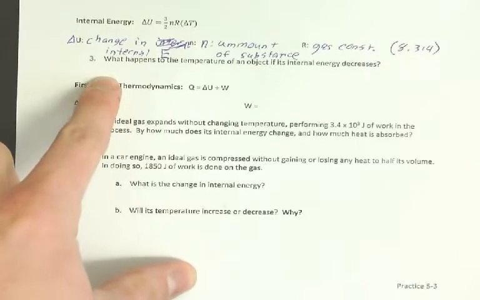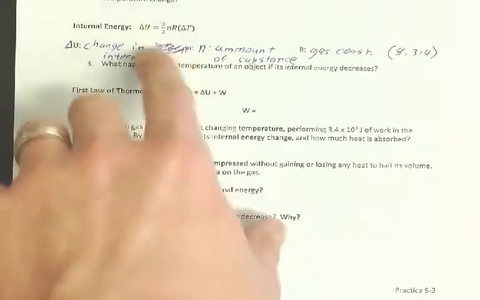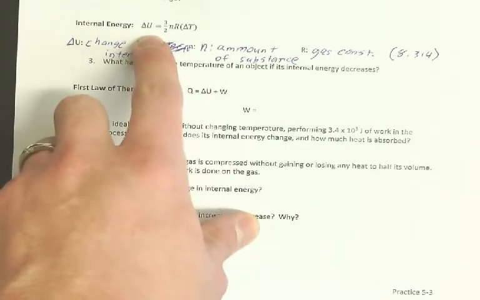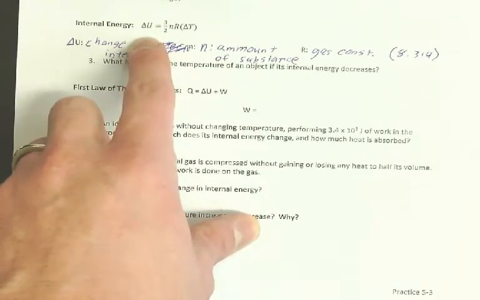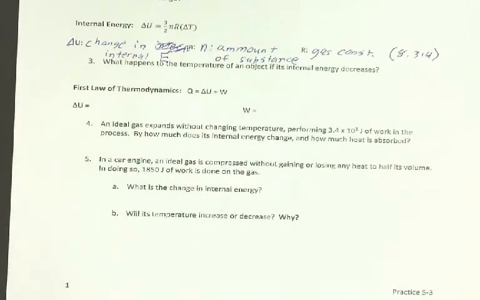So what happens to the temperature of an object if its internal energy decreases? So here's the equation. Delta U, that's the change in internal energy. So if the internal energy goes down, so delta U gets smaller, what's going to happen to the temperature? Take 30 seconds, see if you can figure out an answer. I'll give you a hint. The answer is either it'll get bigger, it'll get smaller, or it'll stay the same.